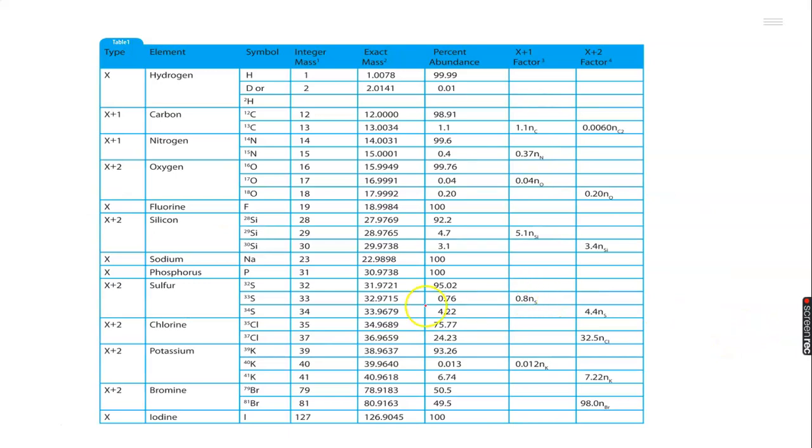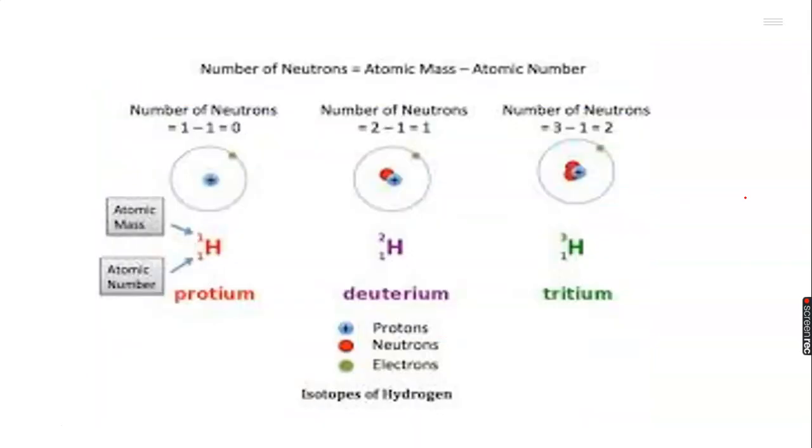I have a table showing you different isotopes. We have hydrogen, the 3 are here, carbon, the 2, nitrogen, like that. You can take your time and study. Those are the different types of isotopes of elements that we have. It might not be that much, but at least with this, you know much of it.